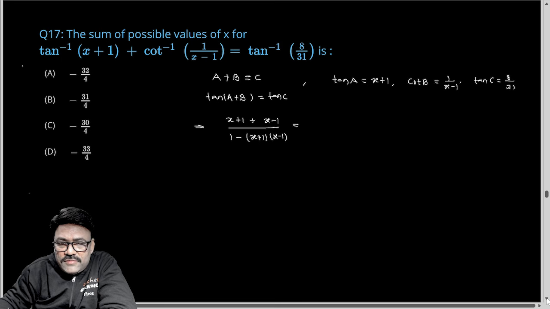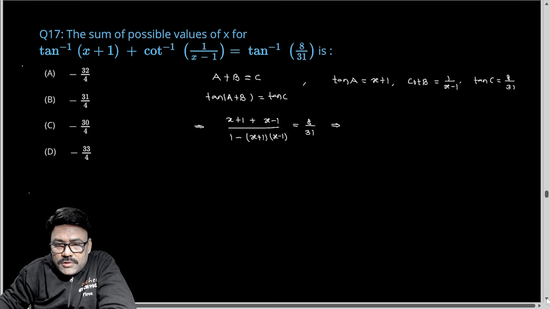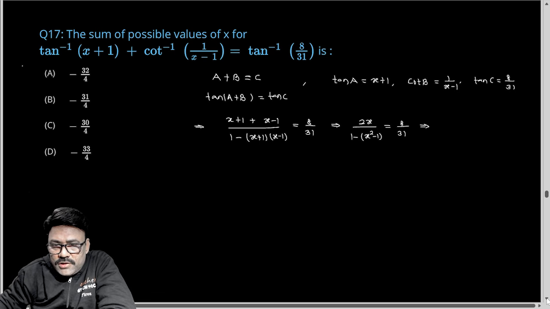And on the right side, it is tan C, which is 8 by 31. So I'm getting 2x over 1 minus (x square minus 1), equals 8 by 31. So I'm getting x over 2 minus x square, equals 4 by 31.